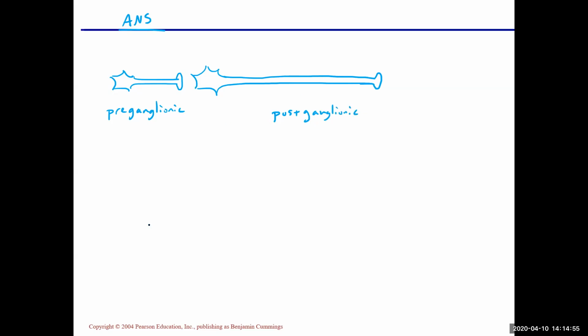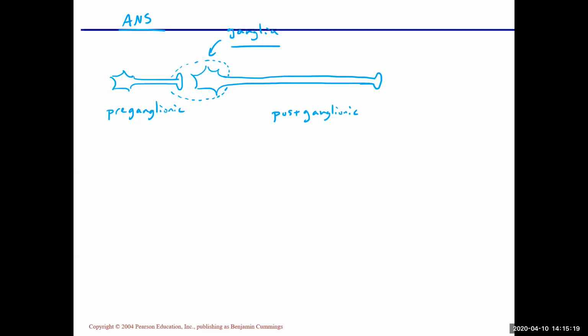All right, and why do we call it ganglionic, and not presynaptic neuron and postsynaptic neuron? Because you have some kind of connective tissue in here, and this is called ganglia. For a better picture, you could Google it or look it up, all right? But this is the ganglia.